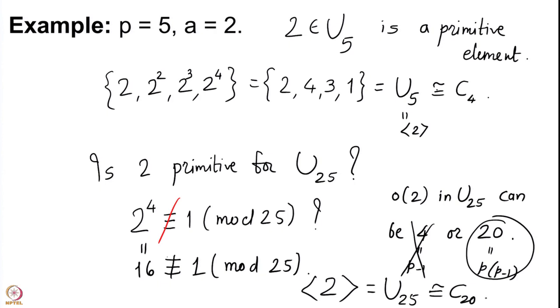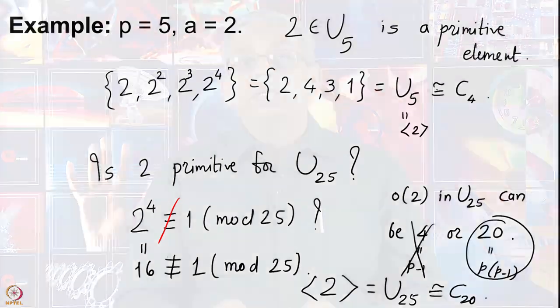So, if we were lucky and we had chosen the generator for 5 to be 2, then we will get that the 2 is going to further generate the group U_25, but you may make a small mistake and instead of 2 you may take a to be 7.